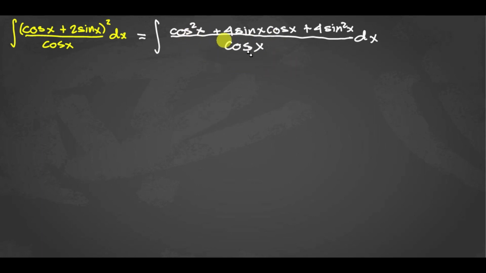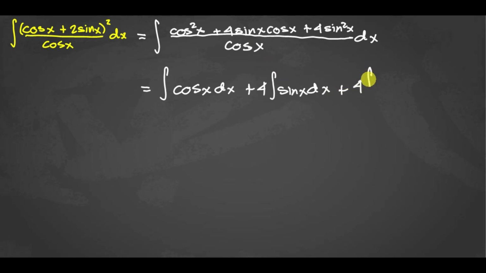So we divide each term by the denominator cos x, that is equal to the integral of cos x dx, since the factor cos x will cancel out, and it will remain with cos x dx plus 4 integral of sin x dx. This is true because we could cancel out the cos x here. And lastly, the third term is 4 integral of sin²x all over cos x dx.